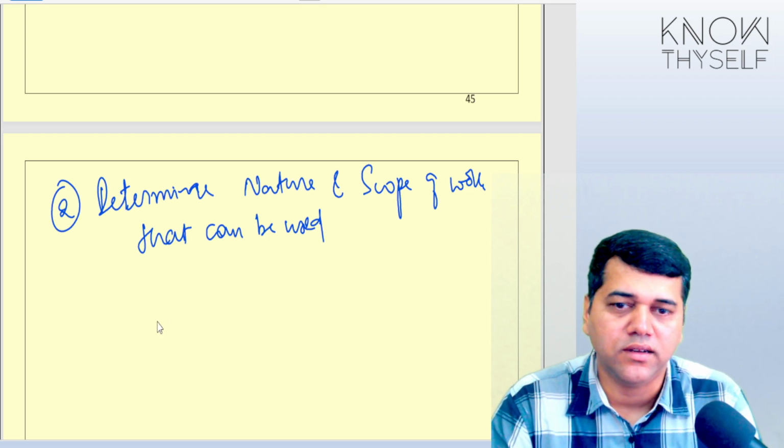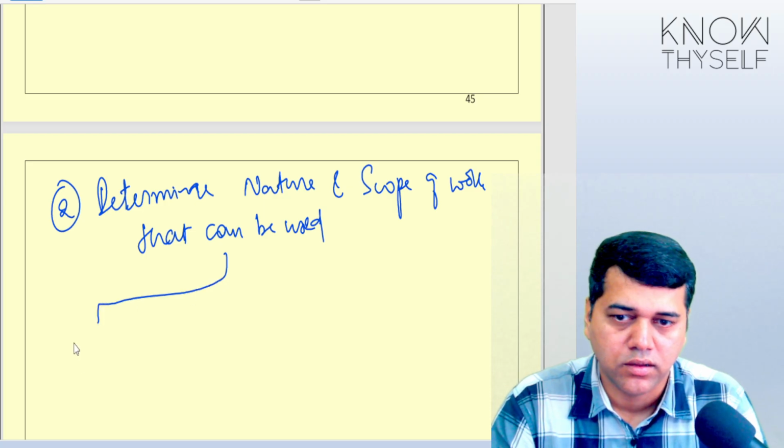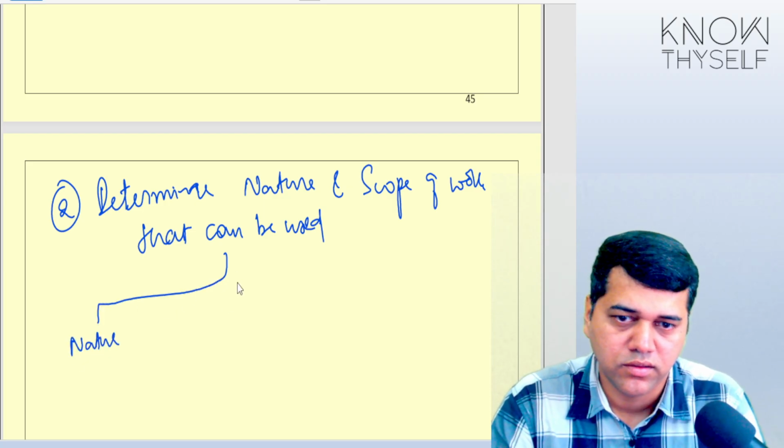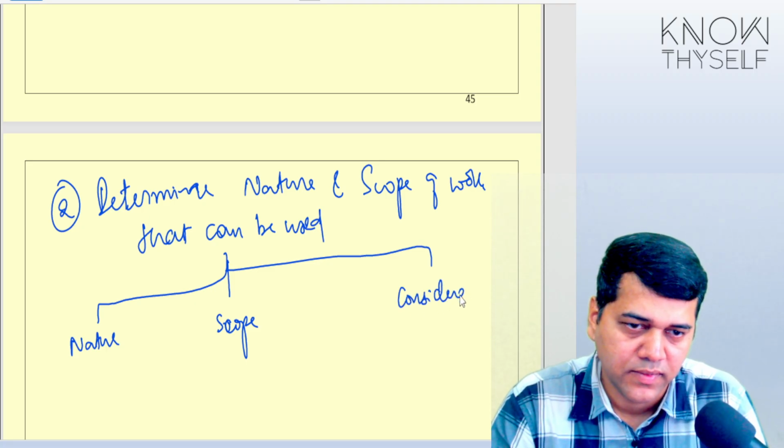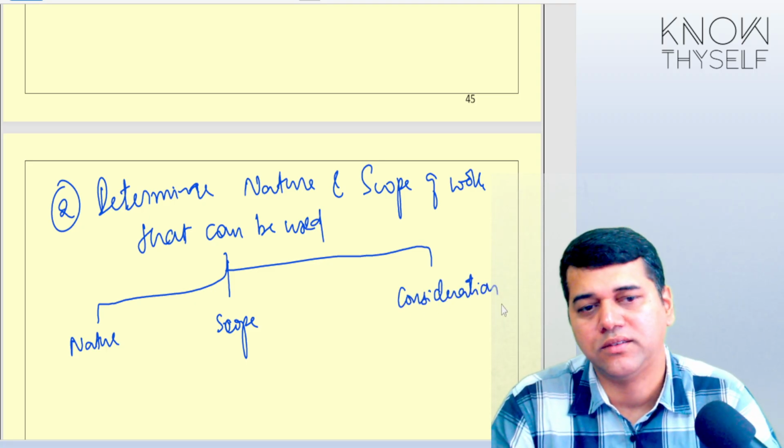So I can say that nature of work, scope of work, and other considerations. I can group it like this, other considerations.